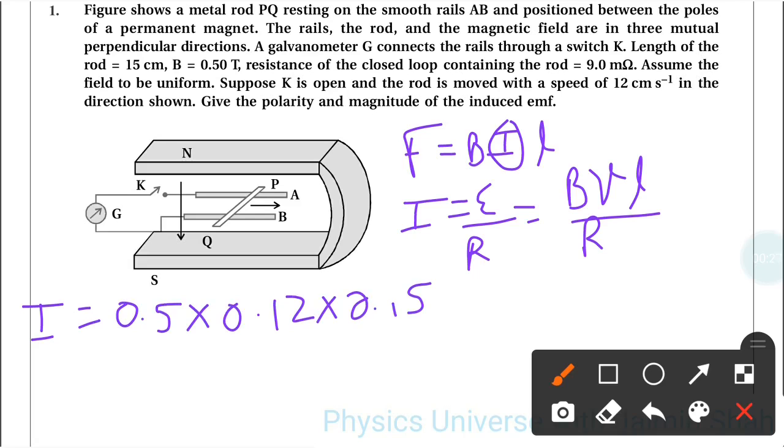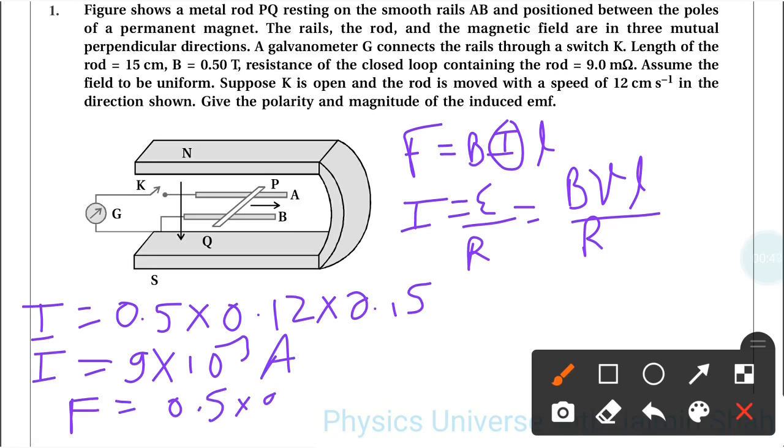So 0.5 into 0.12 into 0.15, that is 9 into 10 raised to minus 3. Now we have I, so F is equal to B 0.5 into 9 into 10 raised to minus 3 into L 0.15.